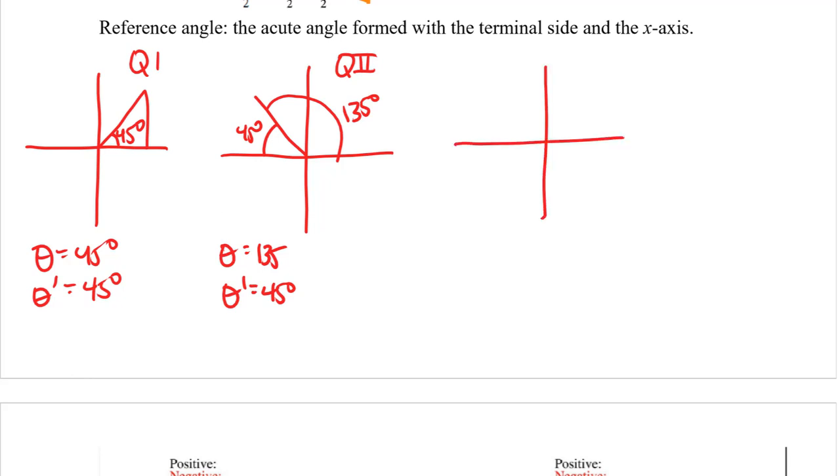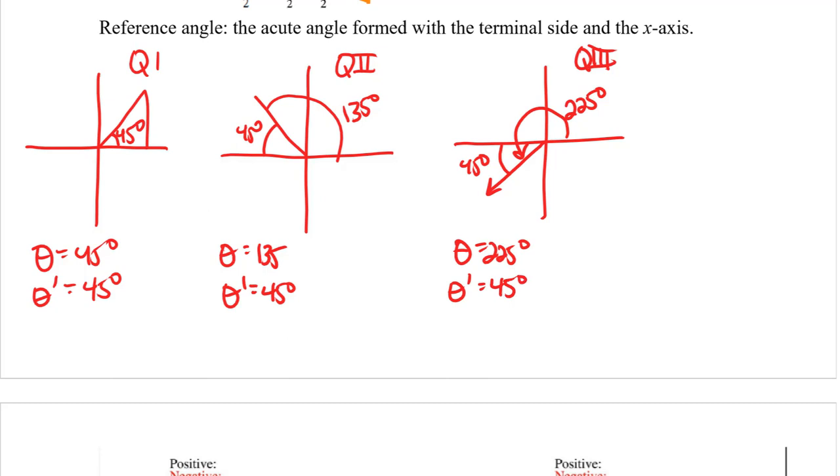Again, I'm going to deliberately pick an angle now in quadrant 3 that has a 45-degree reference angle. So I'm going to draw 225 degrees. But the angle made between the terminal side and the x-axis is 225 minus 180, which is 45 degrees. So this means that if theta is 225, its reference angle is still 45.